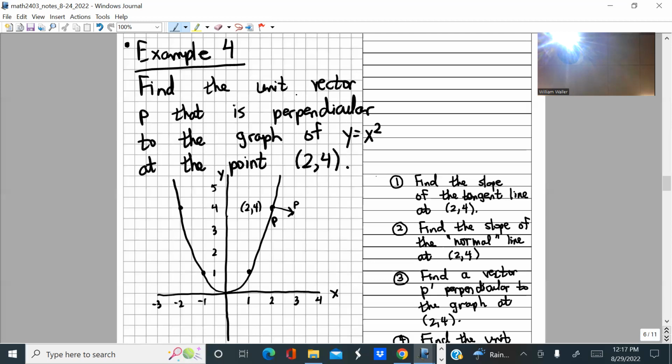Now, the first question that probably comes to mind here is, what does it mean to be perpendicular to this curve? Because perpendicularity is a concept that applies to straight lines. We can talk about two lines being perpendicular to one another because they'll be perpendicular if they meet at a 90-degree angle. But what do we mean to be perpendicular to a curve?